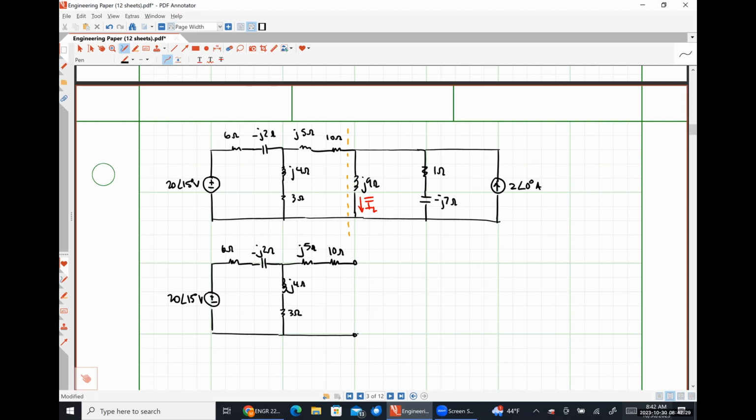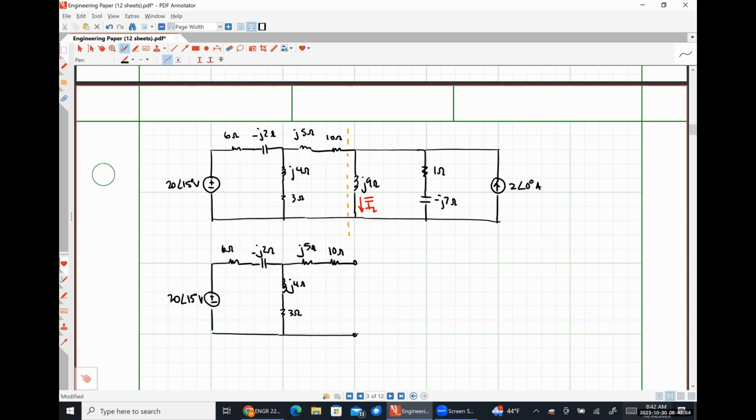So my question to you guys is, would it be easier to solve for the Thevenin voltage or for the Norton current here? I personally think it would be easier to solve for the Thevenin voltage here. That being said, if we did a source transformation, it would be very easy to solve for the Norton current.